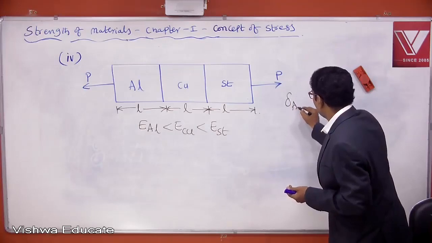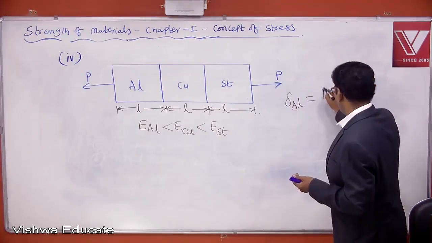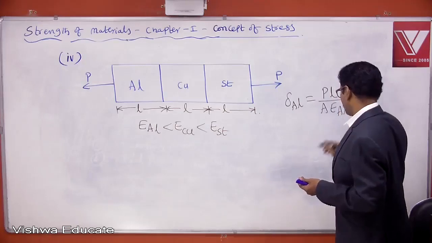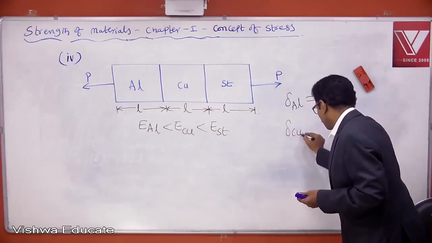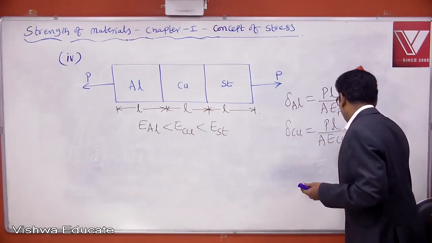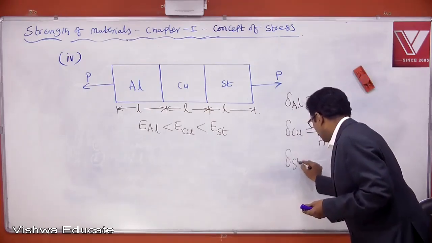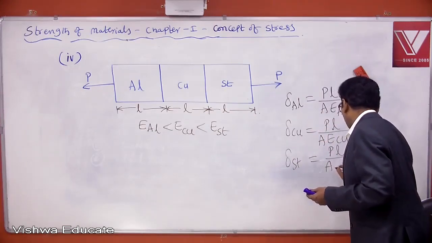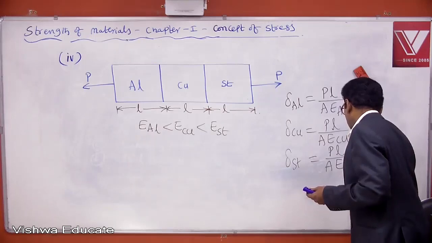Deformation in aluminium section is equal to P into L by A into E aluminium. Deformation in copper is equal to P into L by A into E copper. Deformation in steel is equal to P into L by A into E steel.